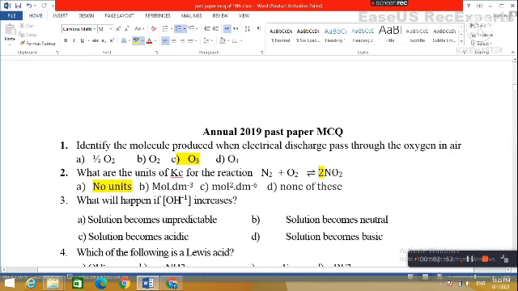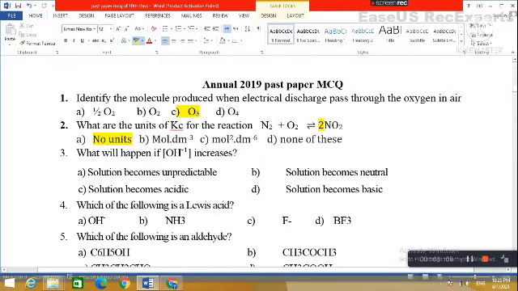Next, what will happen if OH negative ion increases? This is from the topic of pH value calculation. Whenever OH negative ion increases, the basic character will increase. According to the Arrhenius concept of acid and base, acids are substances which give H positive ion in the aqueous medium, while bases are substances which give OH negative ion.